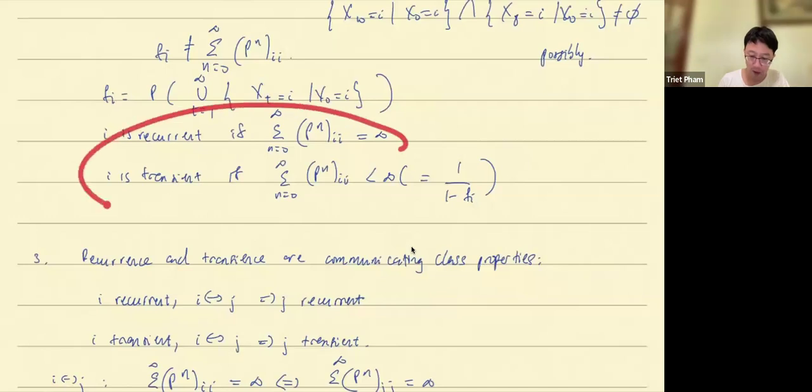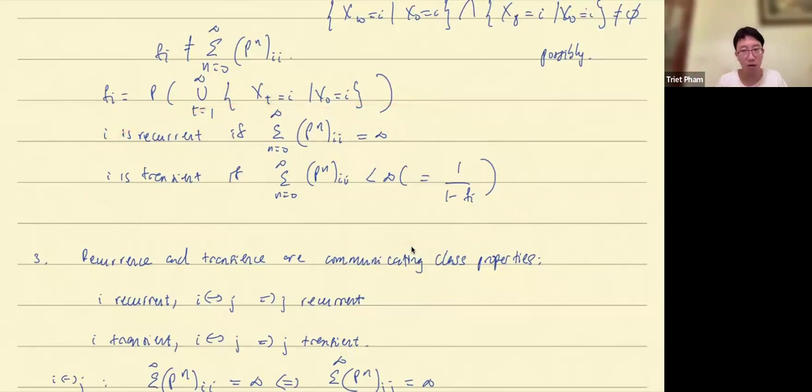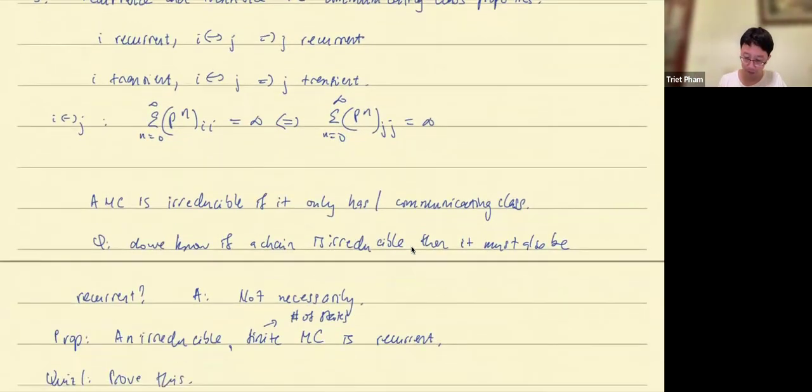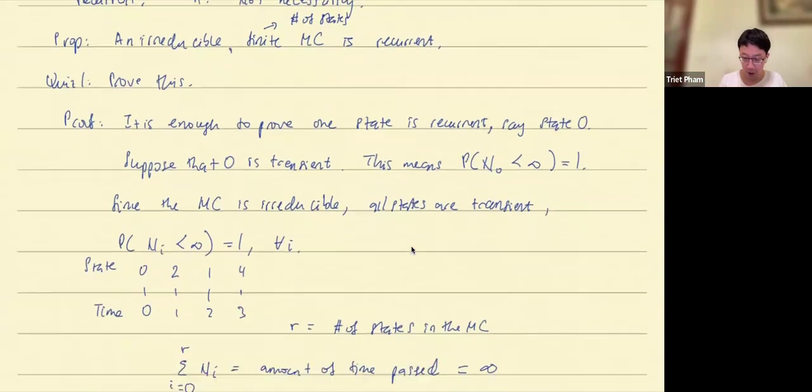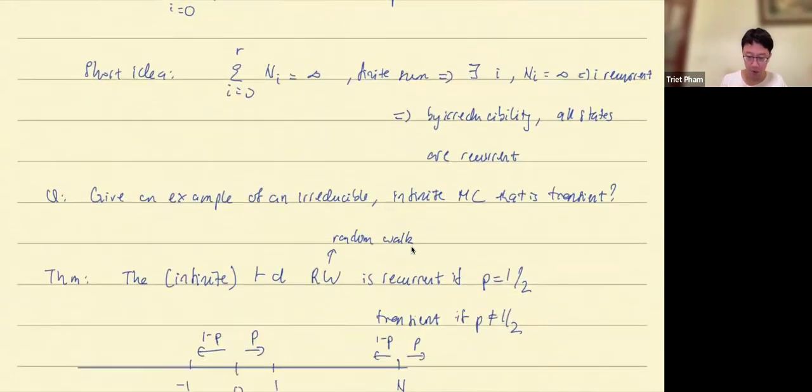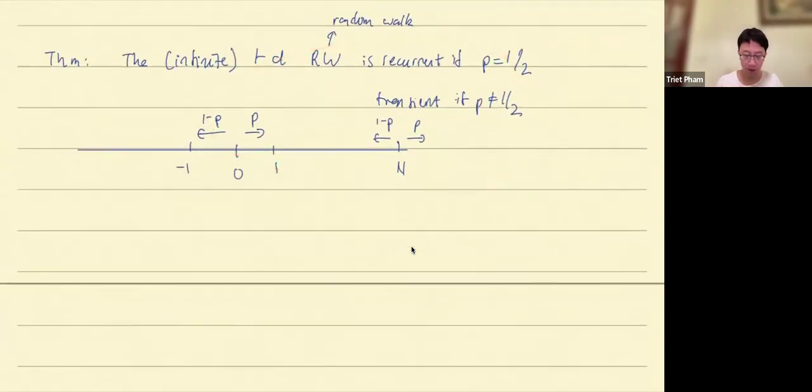Everything has to fall back onto definition. If you don't have a definition to back you up as a calculation, your argument is either false or not rigorous. All right, any questions before we start looking at this theorem?